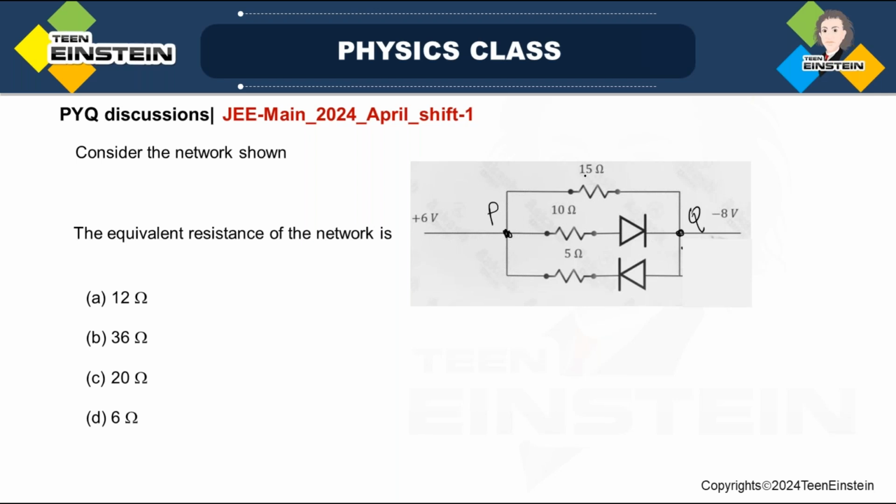This branch has 15 ohm, this has 10 ohm resistance along with the resistance of the diode, and in this last branch there is 5 ohm resistance along with the resistance of the ideal diode.